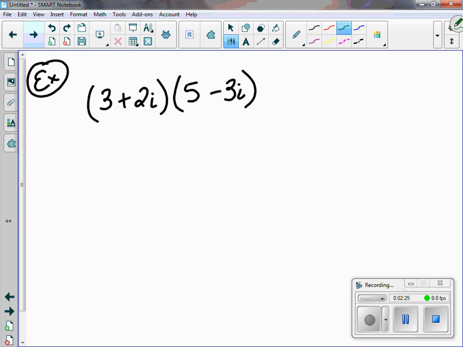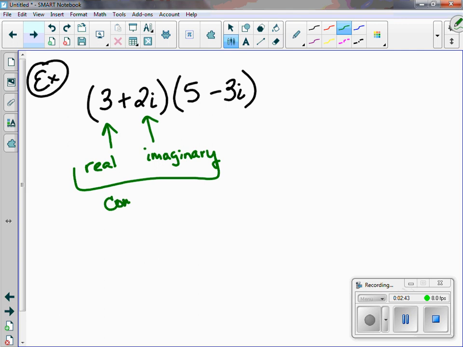What makes this a complex number is you have a 3 here without an i, so this is real, and then the 2i is imaginary. Hence, the whole thing together is a complex number. Okay, so going back to our original goal here that we're supposed to multiply, I'm sorry, I just wanted to break that down for you. We're just actually distributing, so it's nothing too challenging.